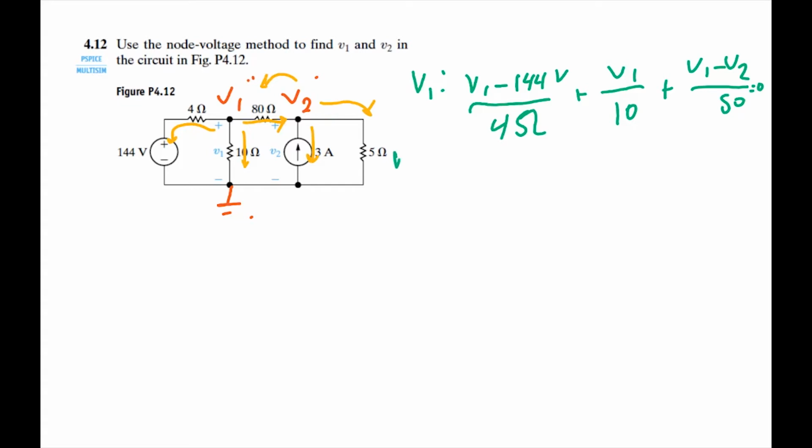Now for V2, we're going to do almost the same thing. It's just going to be this current over here going that way, so that's V2 minus V1 over 80 ohms. Let's label those really quickly. Plus V2 over 5 ohms.